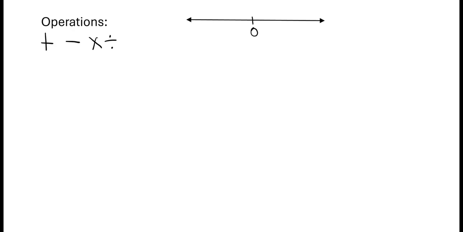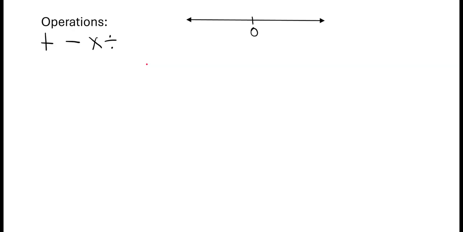Both absolute value and additive inverses are key concepts in the operations of numbers. Operations on numbers are simply adding, subtracting, multiplying, and dividing. And we're going to start by reviewing adding. Now, when you add two numbers with the same sign, you are simply moving in the same direction on the number line.